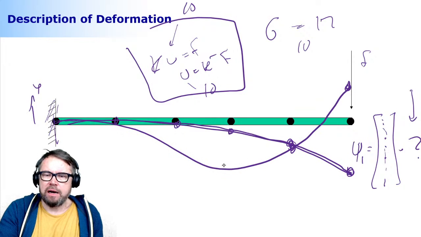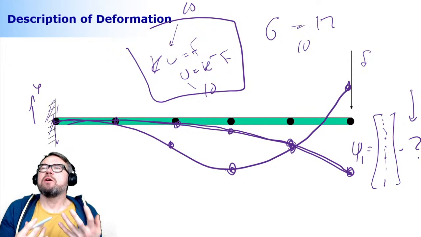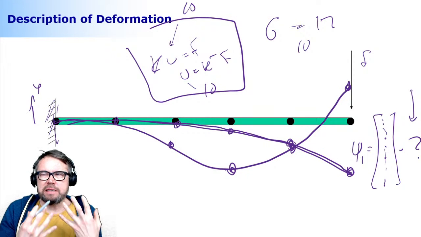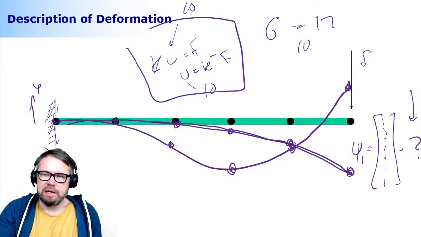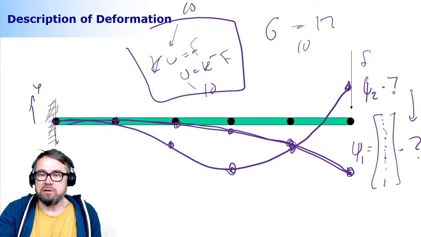Again, I don't know how much the structure will move like this. I only know the way that it can move. Let's call that way number 2. How much is it going to move in way number 2? I don't know. So let's multiply that by question mark number 2.